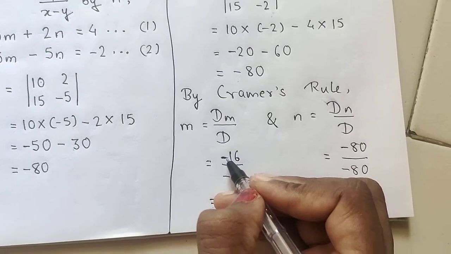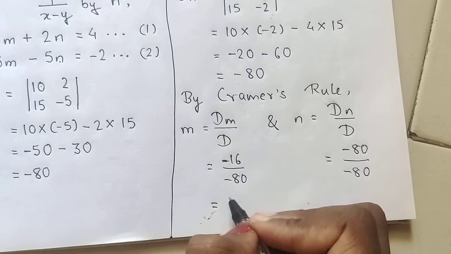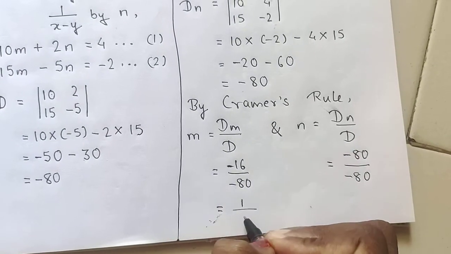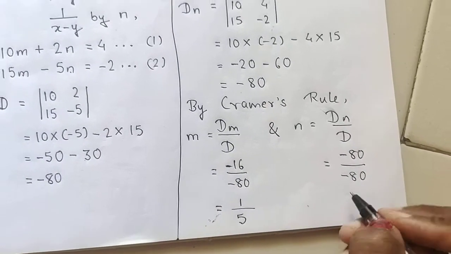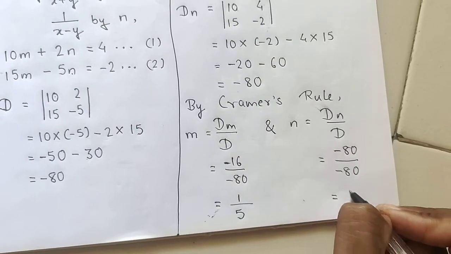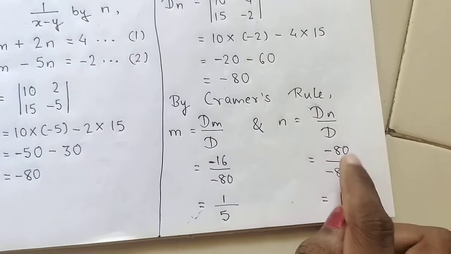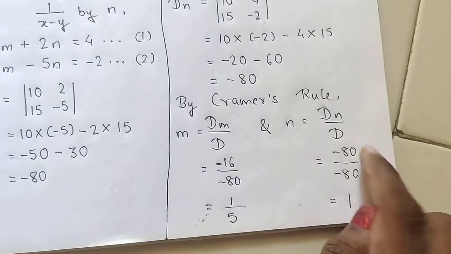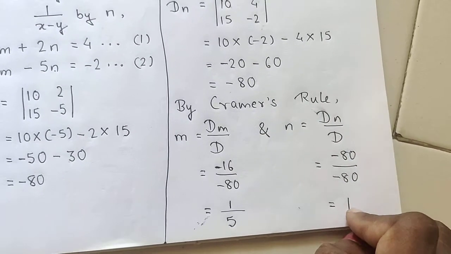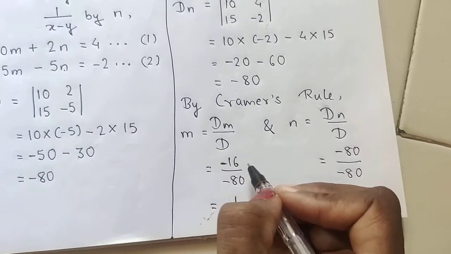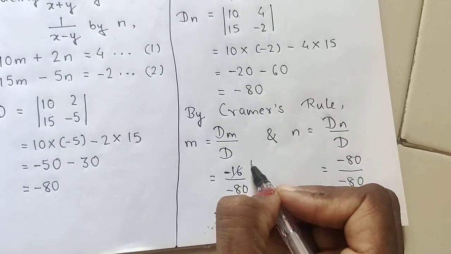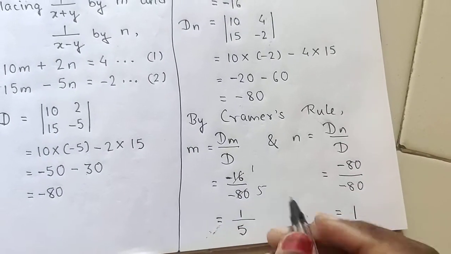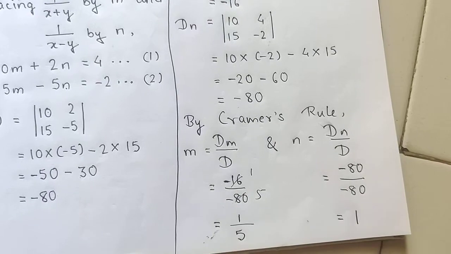First you can cancel this minus with this minus, so what you are getting? 16 1ja and 16 5ja. Here you are going to get 1, because minus minus cancel and 80 1ja 80. So finally here you are getting 1. But in this case you can do cancellation, 16 1ja and 16 5ja, and minus minus cancel.